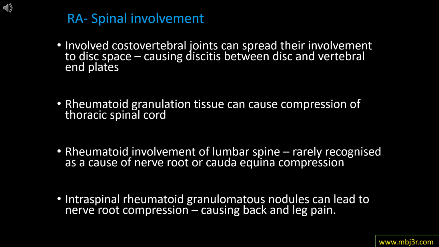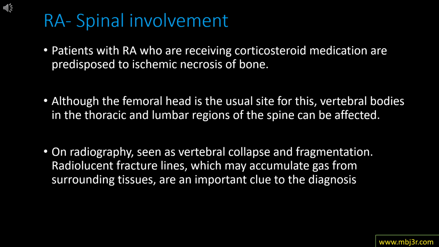Rheumatoid granulation tissue can cause compression of the thoracic spinal cord. Rheumatoid involvement of the lumbar spine is rarely recognized as a cause of nerve root or cauda equina compression. Intraspinal rheumatoid granulomatous nodules can lead to nerve root compression, causing back and leg pain. Patients with RA who are receiving corticosteroid medication are predisposed to ischemic necrosis of the bone.